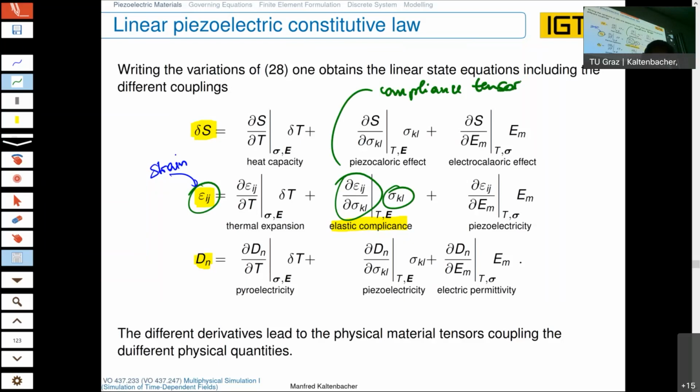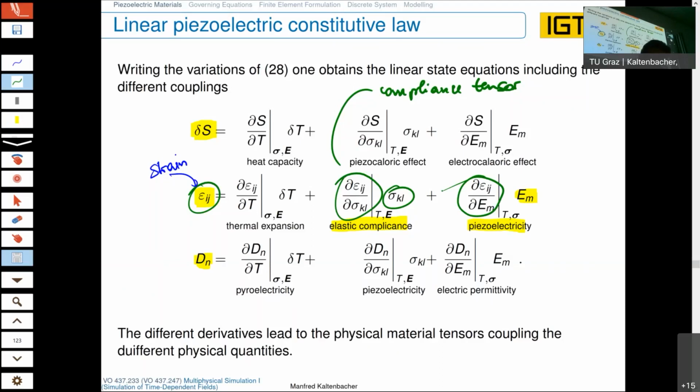But you see that we also have in the coupling, for example when we have a piezoelectric material, the coupling to the electric field given here by, again, a tensor which we will see explicitly. It will be easier with our notation on the other slides. And we will call this the piezoelectric material tensor.